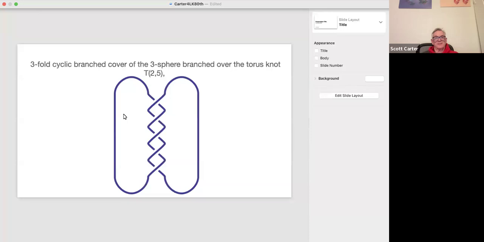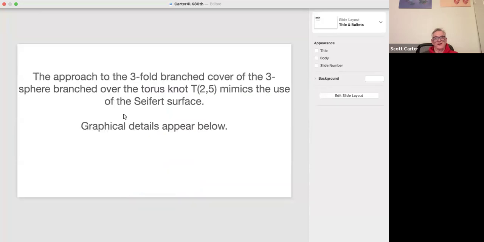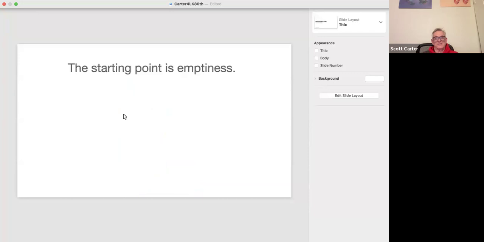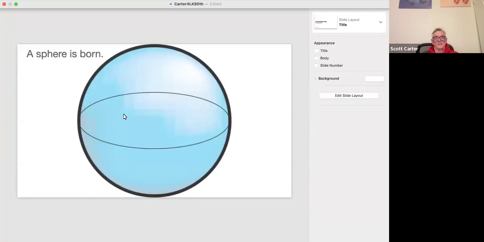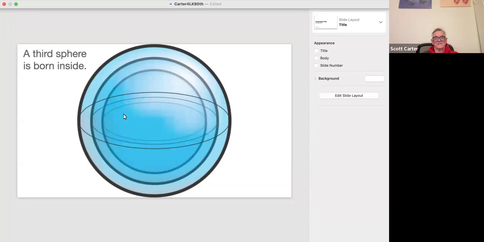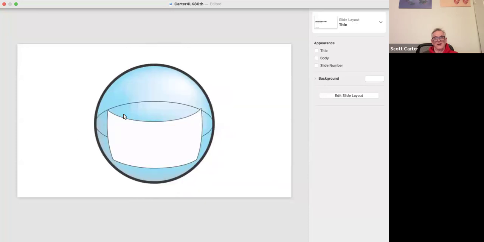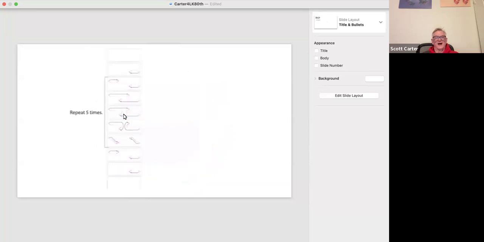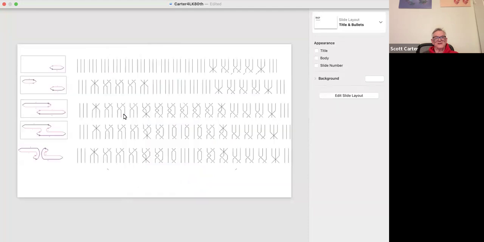The threefold cyclic branch cover of the three-sphere branched along T(2,5) follows a similar pattern. We start from emptiness. We have 3 spheres drawn nested, and then in the temperate region, we have this situation here.